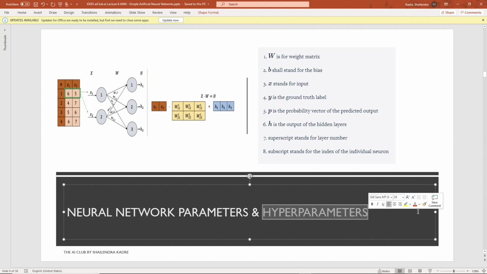Then car tire, car body, car engine, transmission system, all other parts of the car can be called as parameters. Because car is a model. So how are they controlled? They are controlled with the help of a steering wheel and an accelerator, right? So they are hyperparameters of that model.